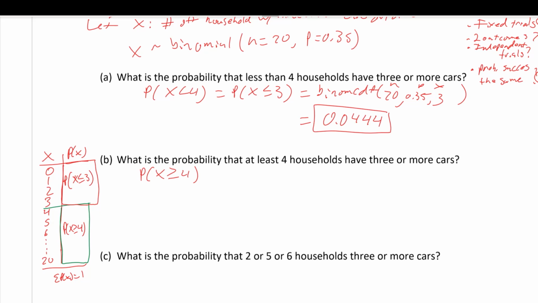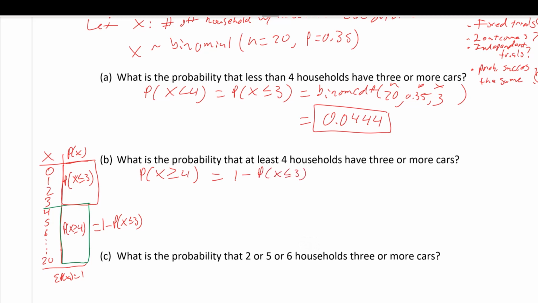Right? So these two add up to be 1. So doesn't this make sense that if I wanted to just have this, wouldn't I just say 1 subtract off that first part? 1 minus probability that x is less than or equal to 3. Which is exactly what we want.